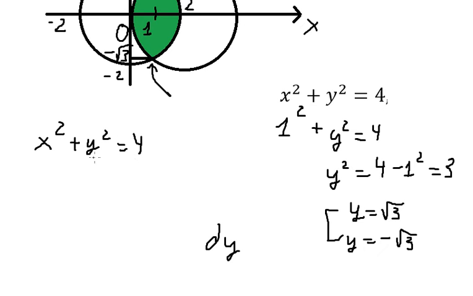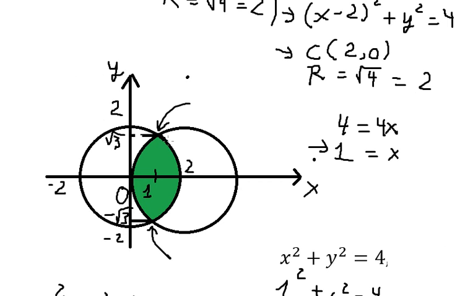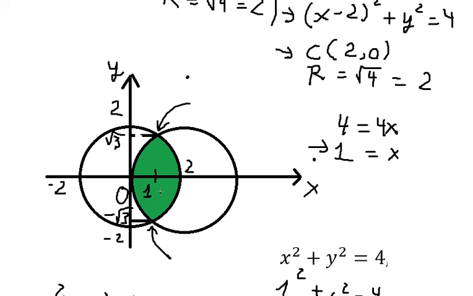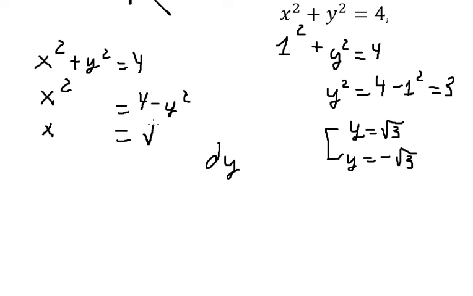About the first one, we see that this curve here is positive. So we move y squared to the right, and we take the square root of both sides. Because this is the positive curve, we just use the positive here.